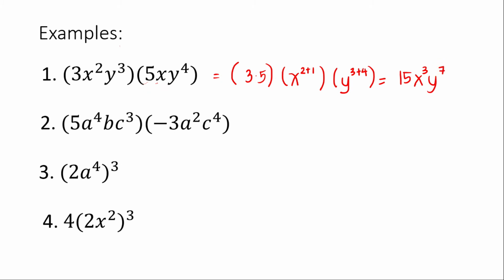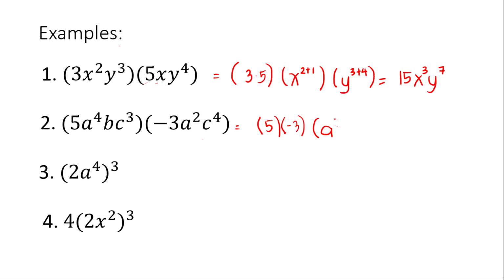Pangalawa, we have 5a to the 4th power b, c to the third power times negative 3, a squared, c to the fourth power. So first, multiply natin yung mga numerical coefficients. We have positive 5 and negative 3. And then tingnan natin yung mga variables na magkakapareha. So we have a. Ano-ano yung mga exponent ng a? We have to the fourth power and the second power.